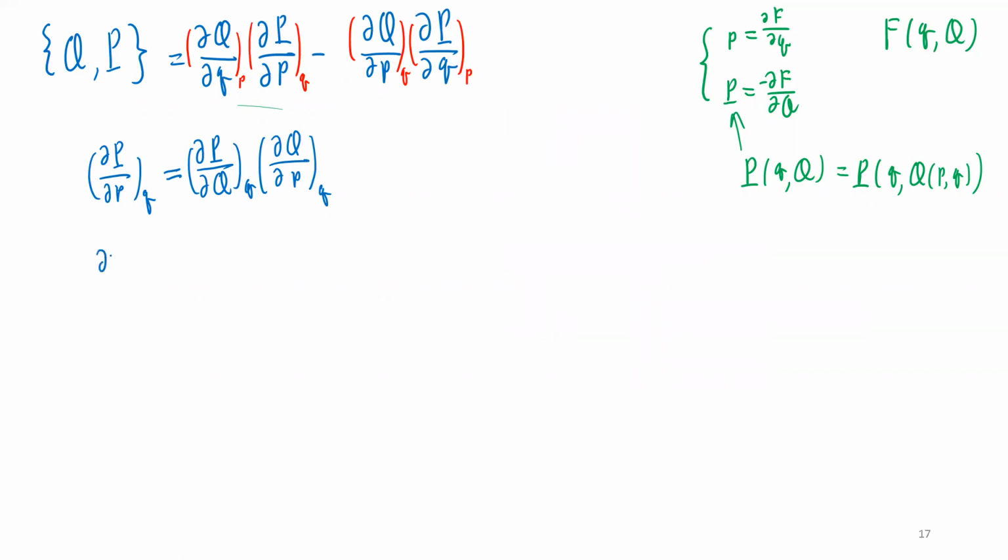So this is partial capital P partial small q, keeping p constant. So by using chain rule, this is what we are doing, right? So partial q is this.